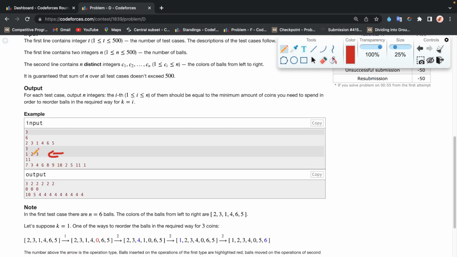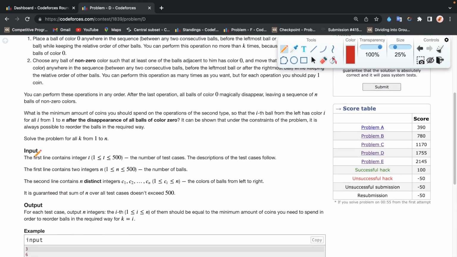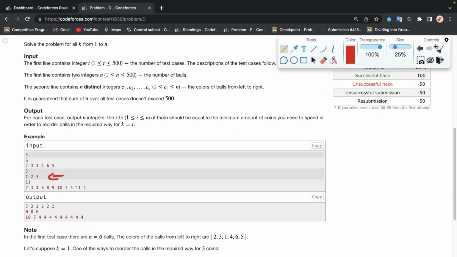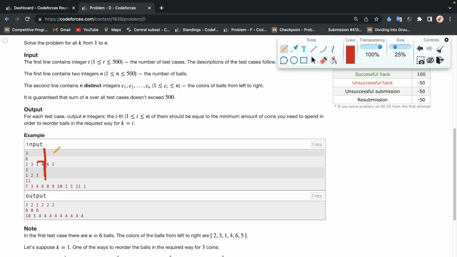I wish this was the case for every test case. Sorted, there's no need to worry about anything. We have to just sort the permutation. Hmm. If I put these two in their correct position, it would be sorted.